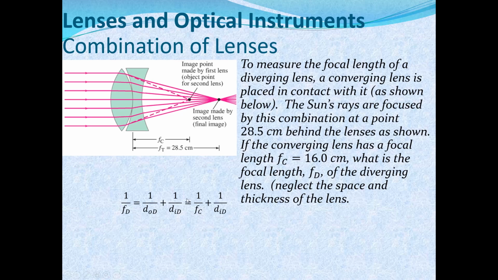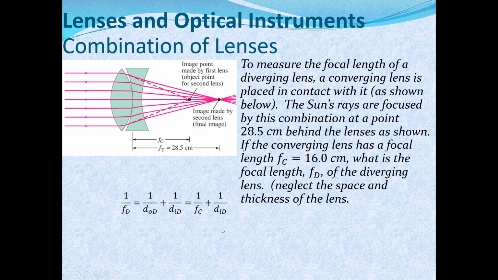So I can plug in FC for that. And I actually do know what the image distance is going to be. It's going to be where the final focal length is going to be. I apologize that there's so many focal lengths being thrown out there, but we end up getting that the inverse of the diverging lens's focal length is equal to the sum of the inverse converging focal length and the inverse total focal length.